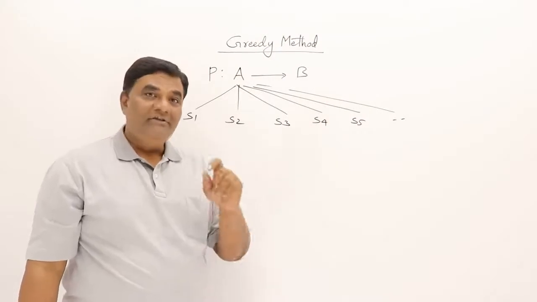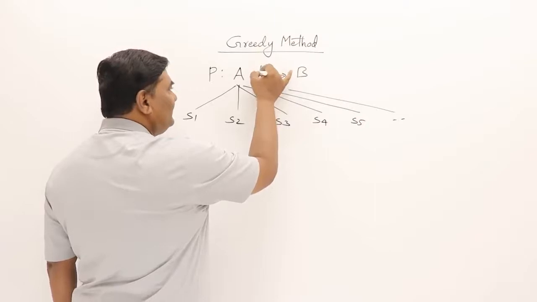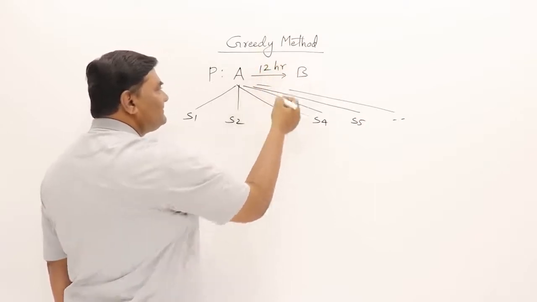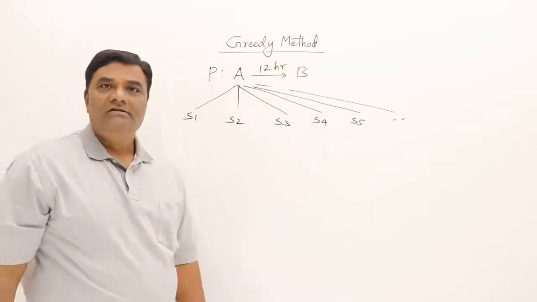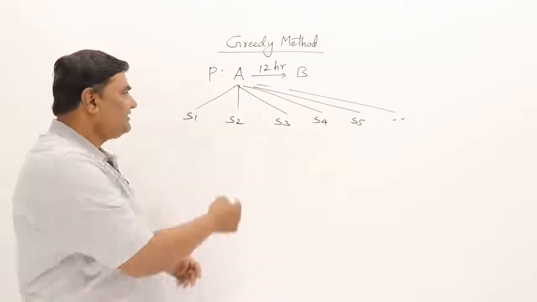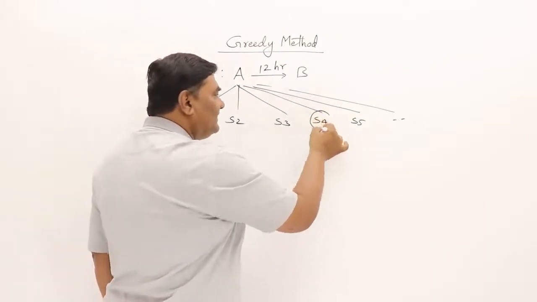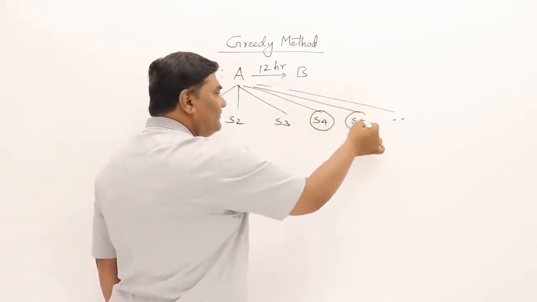But there is a constraint in the problem. I say that I have to cover this journey within 12 hours. This is a condition, a constraint. So suppose I cannot cover it if I go by walk or by car, and I can cover it only if I go by train or flight.